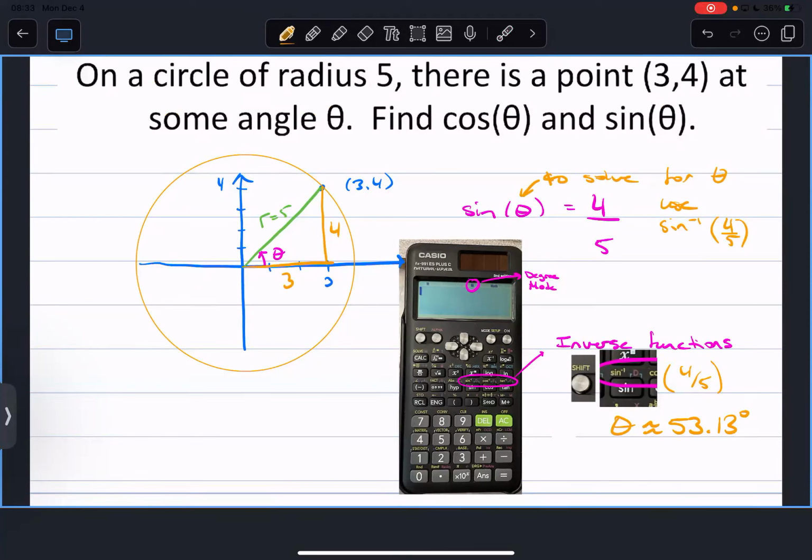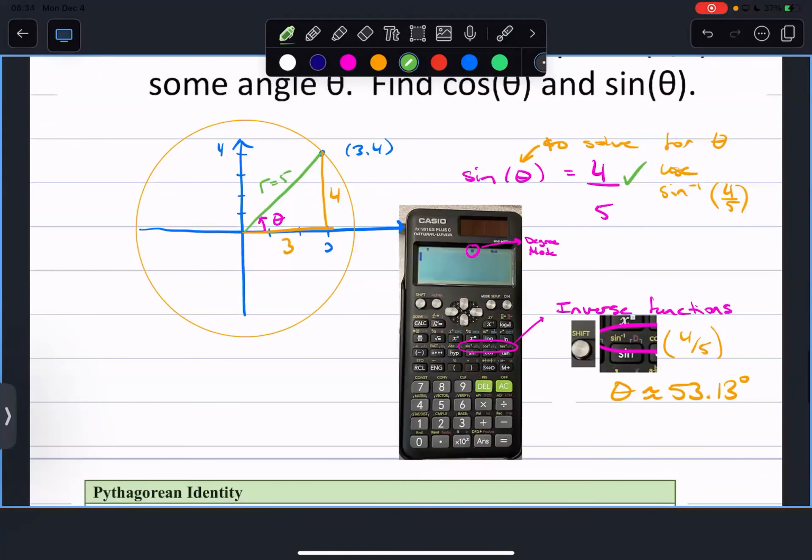Why am I taking it into the inverse? It's because they only wanted us to find cos theta and sine theta. Sine theta is 4/5, so then we would be done. But I want to take it another step further here. Solve for theta. Why not? We can do it.